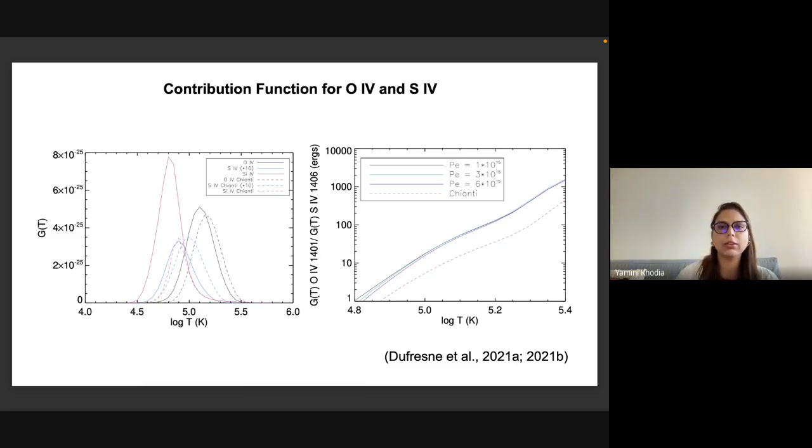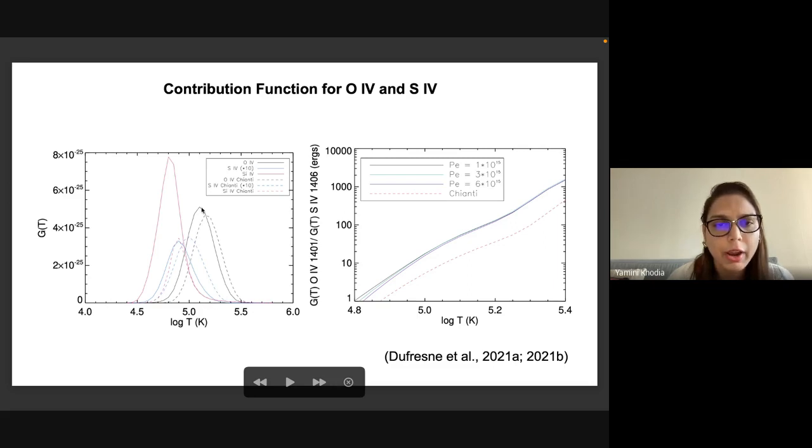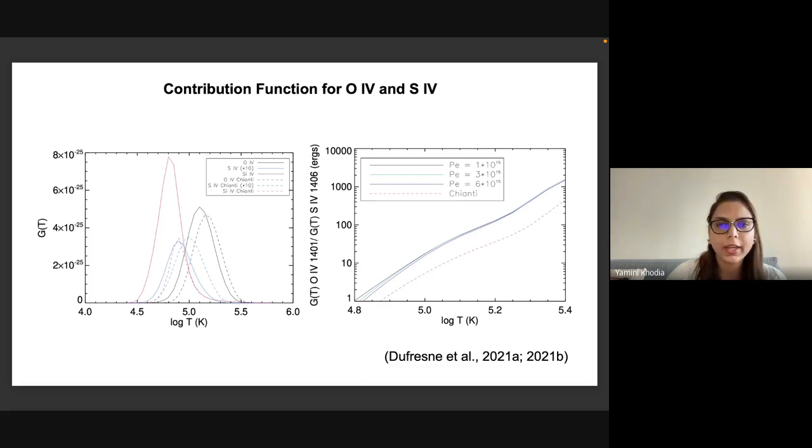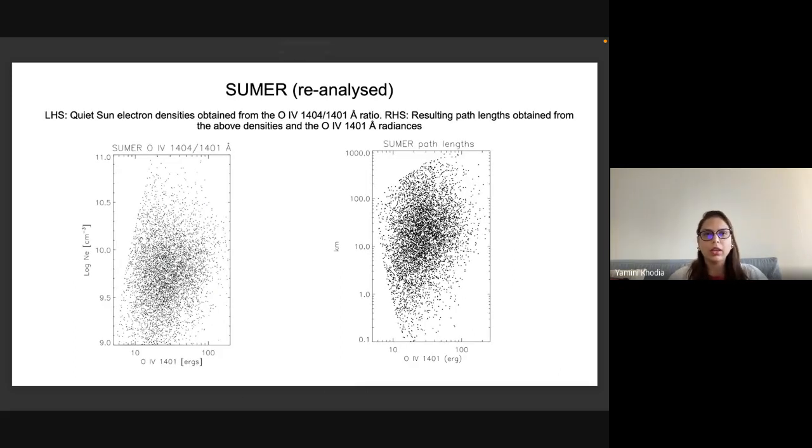For the calculation of path lengths, we take the isothermal peak formation temperature of oxygen 4 from this black solid line, which is log T equals 5.1. In our work, we also wanted to see some earlier observations from SUMER using the oxygen 4 ratio that we are using, 1404 by 1401. On the left panel, we see the density using these oxygen 4 ratios.